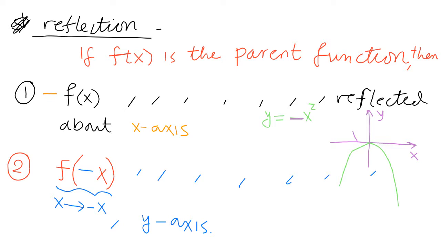Or simply, any branch going up, just reflect it down. Any branch going down, reflect it up. This is how to reflect a function about what? About x-axis.